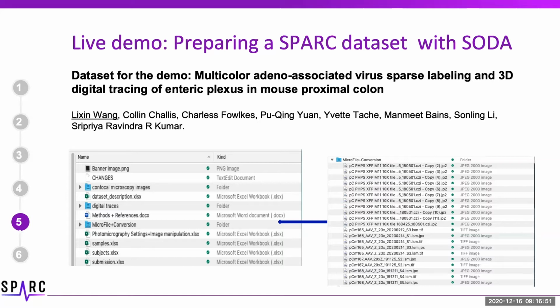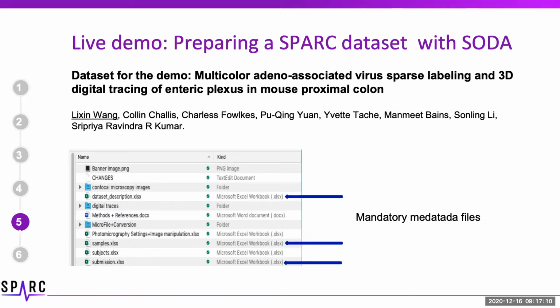A variety of microscopy images are converted to OME-TIFF and JPEG 2000 and can be opened with open source software like ImageJ or Fiji.